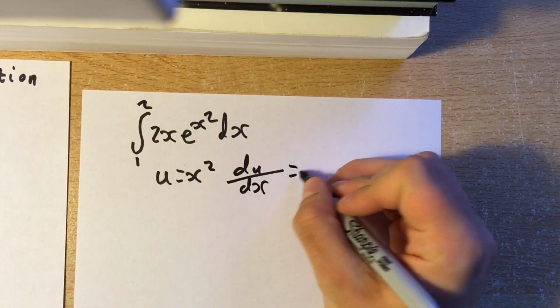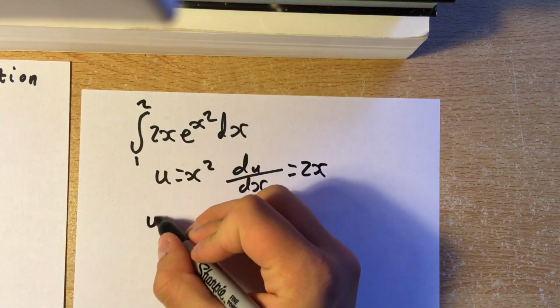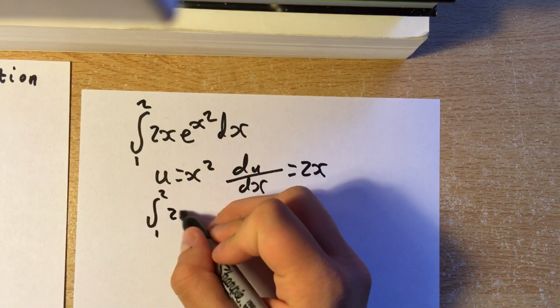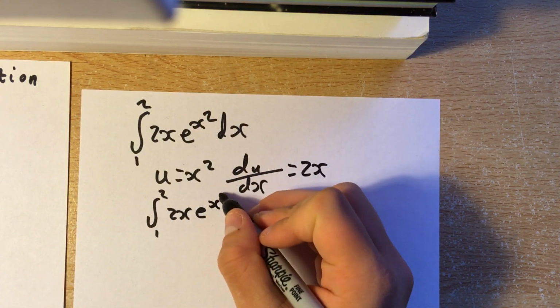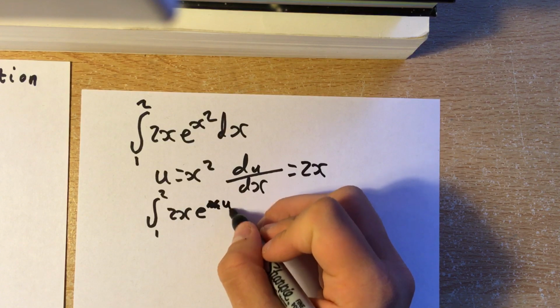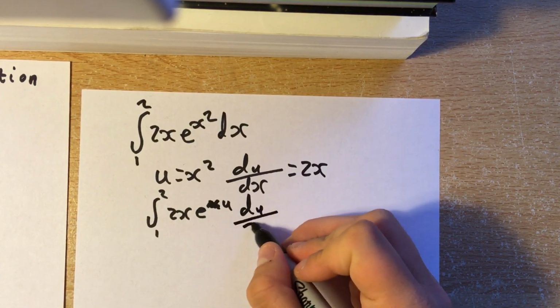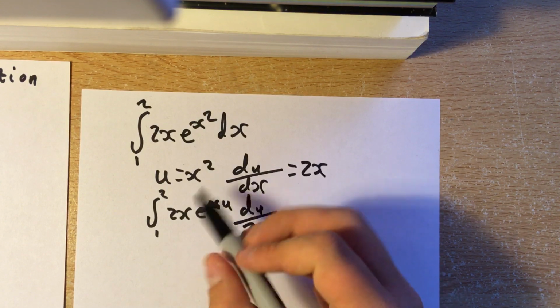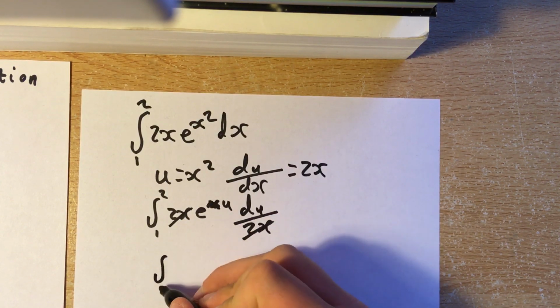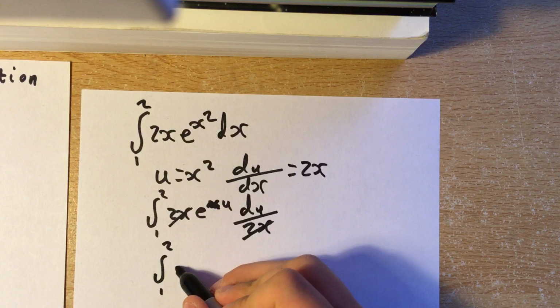The derivative of that is 2x. Sorry, that's now a u value. And then we rearrange this to make du over 2x. And we are left with this definite integral.